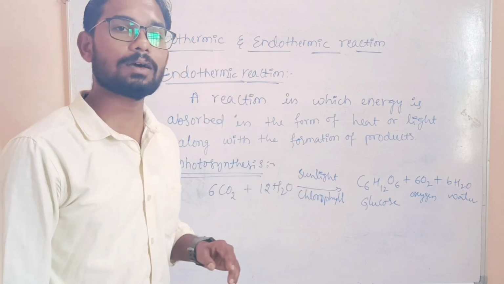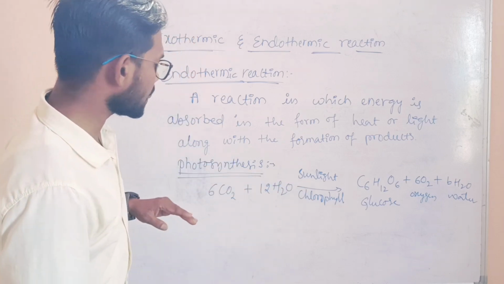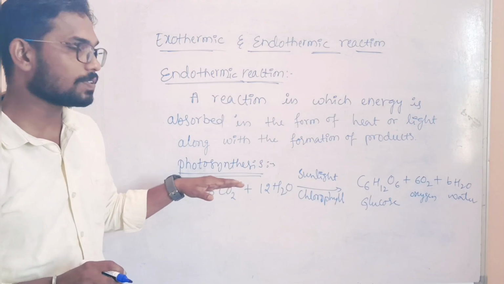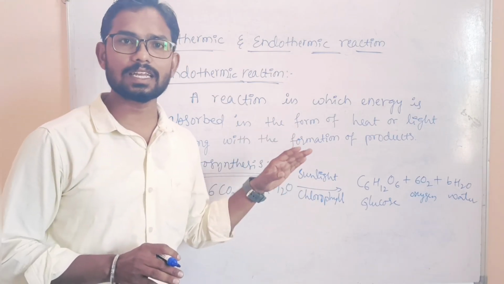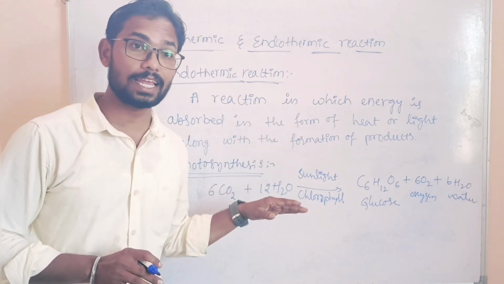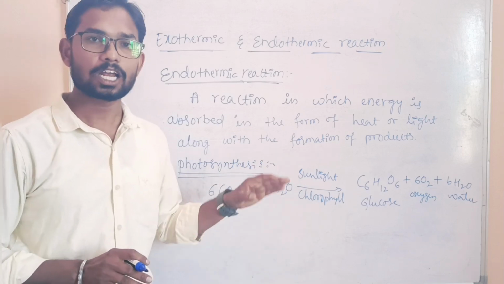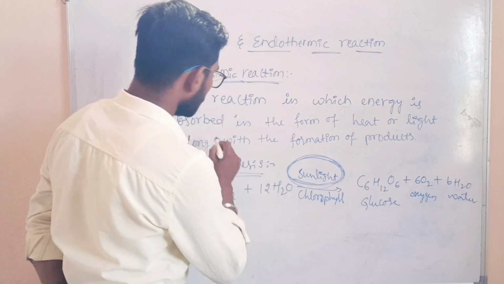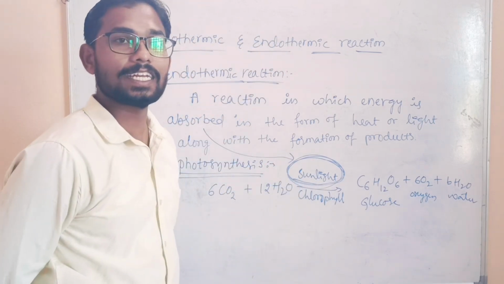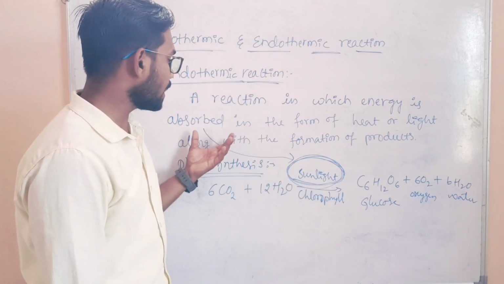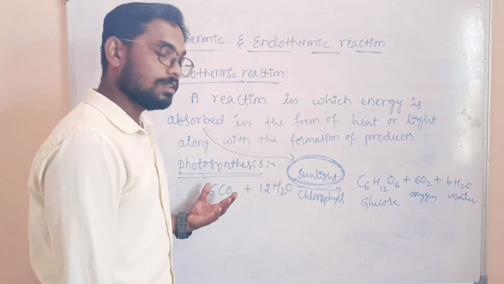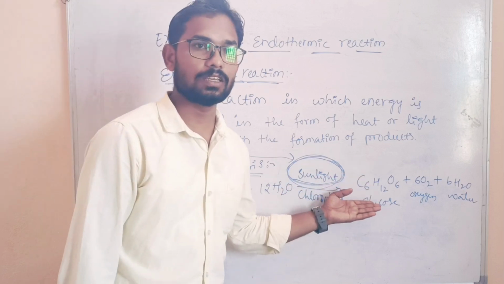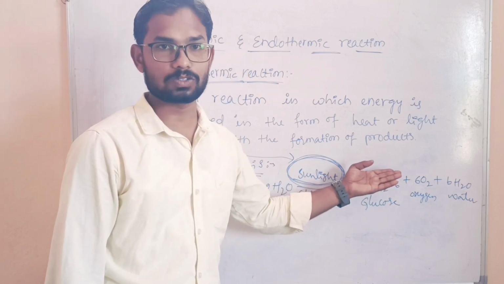I am going to give you the example of this endothermic reaction, that is photosynthesis. It takes place in the green plants, in their leaves, by the use of the sunlight and the chlorophyll. Here we are using the sunlight, means the light energy is absorbed by the plants, and it is going to form the energy, that is glucose and oxygen.